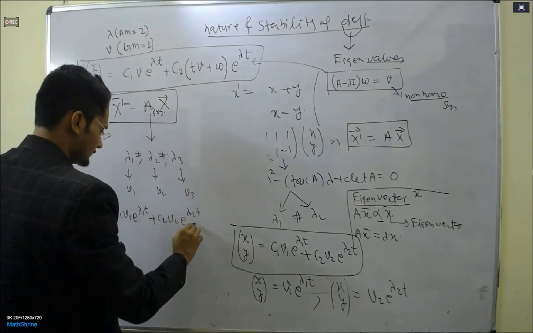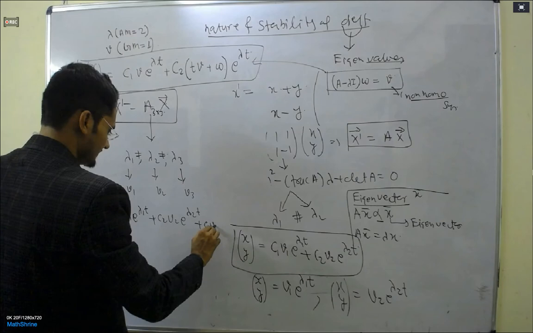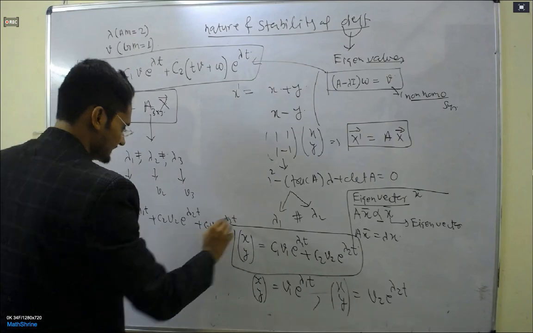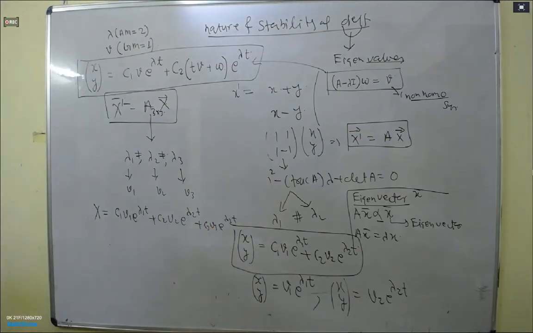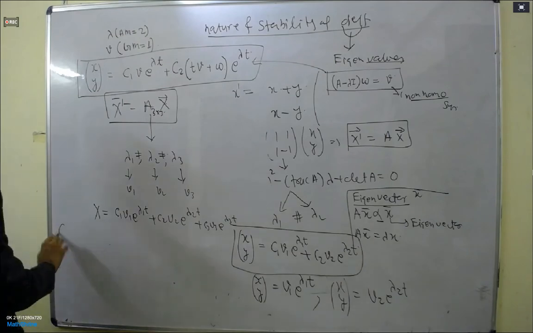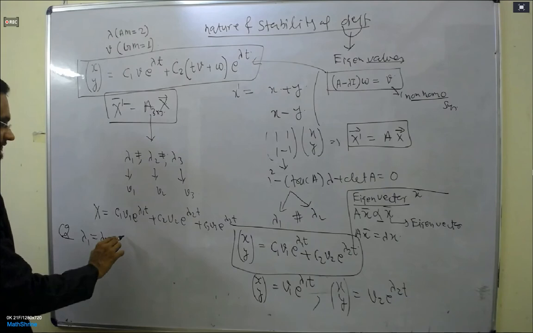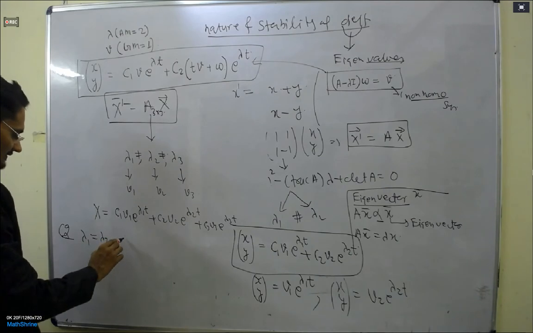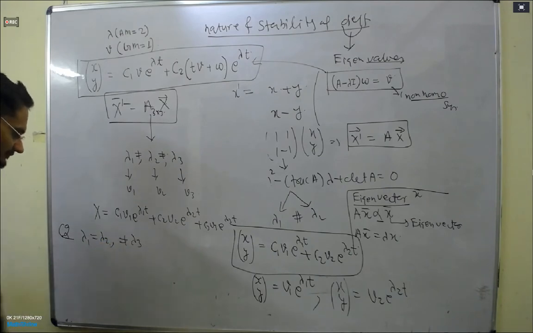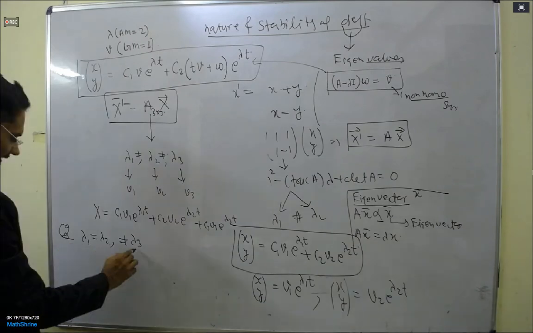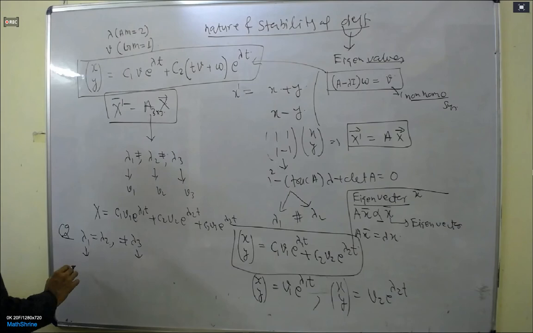Two eigenvectors, it will be exactly the same, but here the change will be x is equal to c1 v1 e power lambda 1 t plus c2 v2 e power lambda 1 t plus c3 v3 e power lambda 3 t. All right?